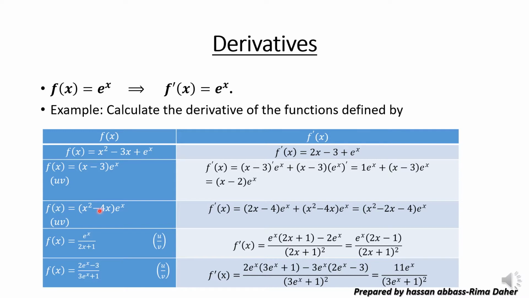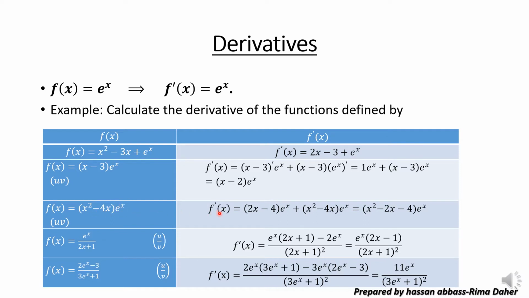If f of x equal x squared minus 4x into e^x, this function is in the form of u dot v, then f prime of x is in the form of u prime v plus u v prime, where u equal x squared minus 4x and v equal exponential x.